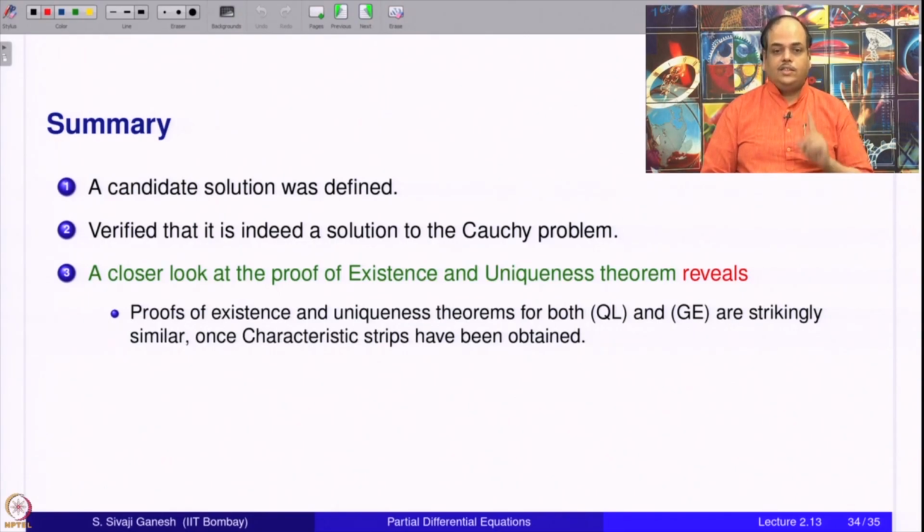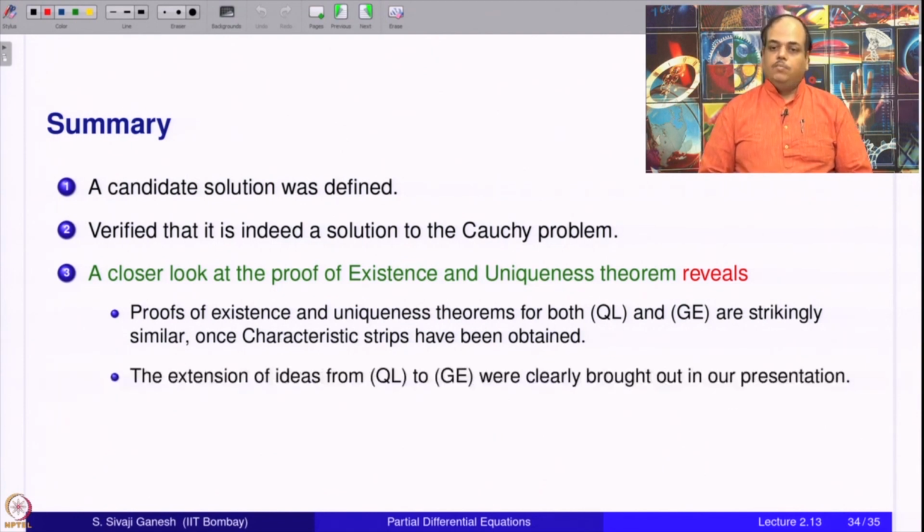Once characteristic strips have been obtained, because we need that Xts, Yts, Zts, right, and we always work with Xts, Yts to get inversion, right. Inverse function theorem is applied only for Xts, Yts, whether it is QL or GE, and the extension of ideas were clearly brought out in our presentation.